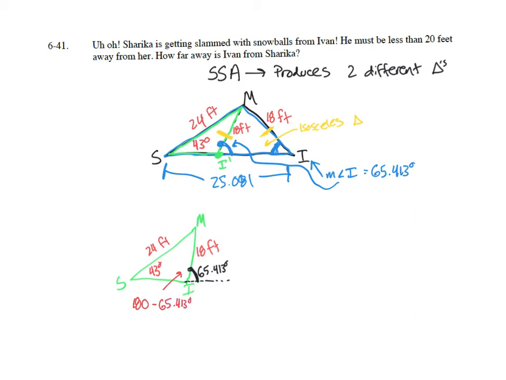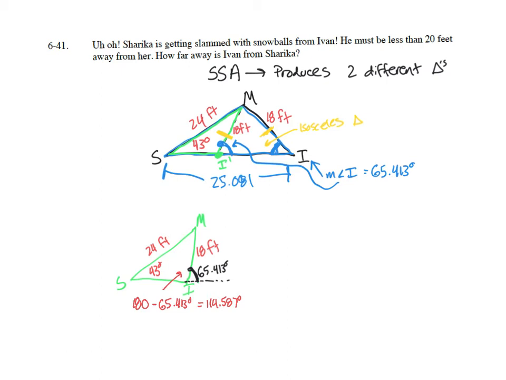Okay, so I can do 180 minus 65.413 degrees. So if my public school math is correct, I think that that angle down there, angle I in the green triangle, is going to turn out to be 114.587 degrees.